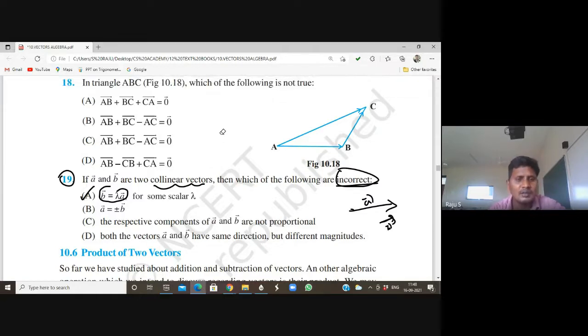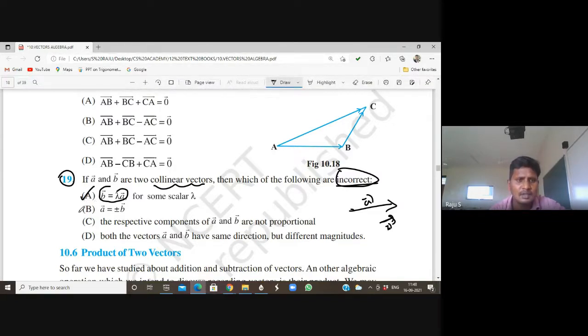So what is the option that is incorrect, students? Option B is incorrect. So here respective components of this is also incorrect. Option C, where the respective components are not proportional. Is it not proportional?